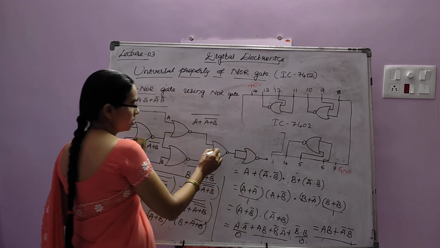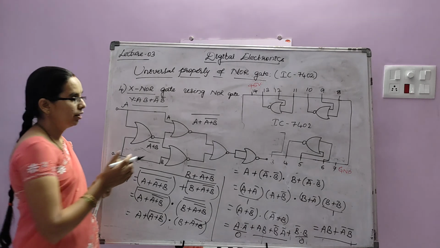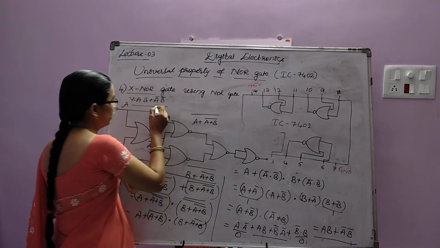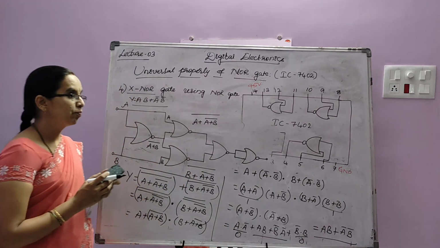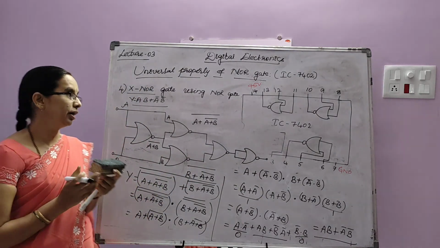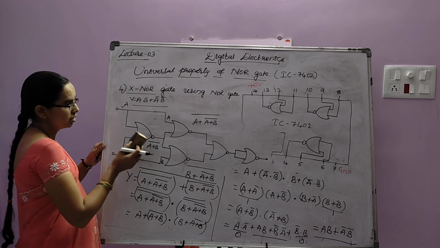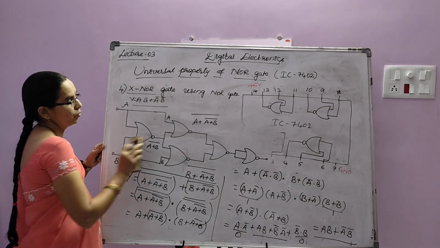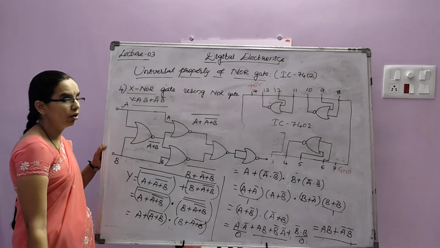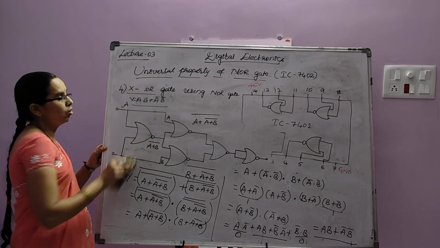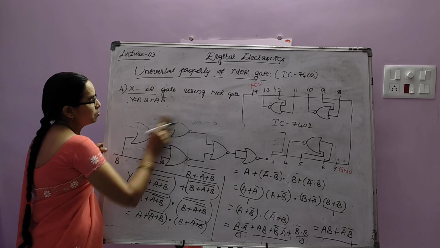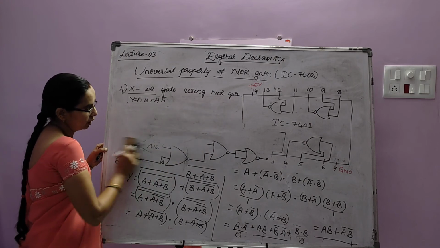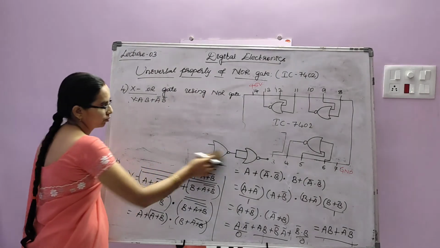If this output, whatever we have obtained, is passed through a NOT gate, we will get the XOR gate. If you want, we'll just write this circuit. After that, you have to put a NOR gate to get the XOR gate. Okay. We'll simplify that and see how that will be possible.